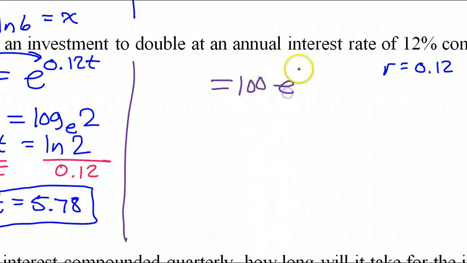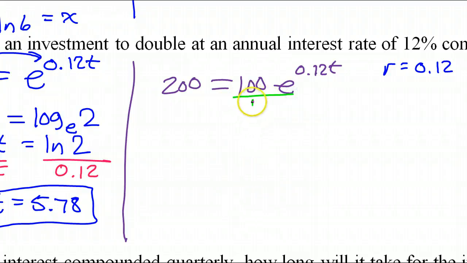Then the rest of it would be the same, right? And if we're asking how long will it take to double, then $100 will become $200. So as you begin the problem, you divide both sides by 100 to get e by itself.